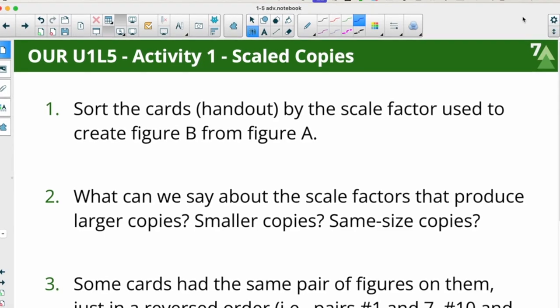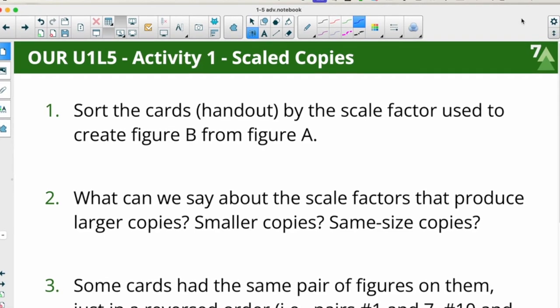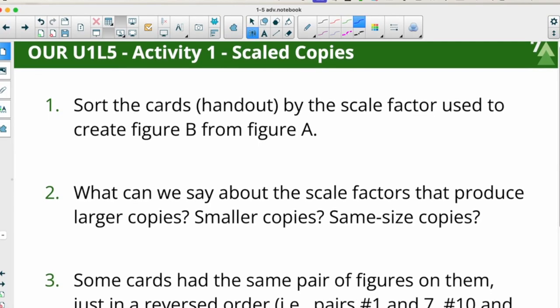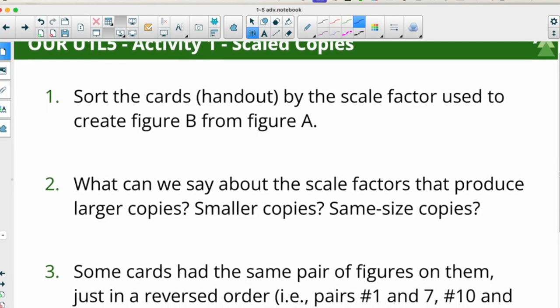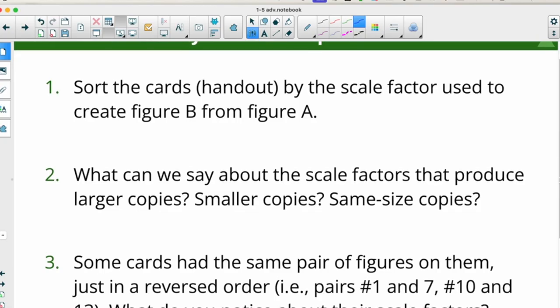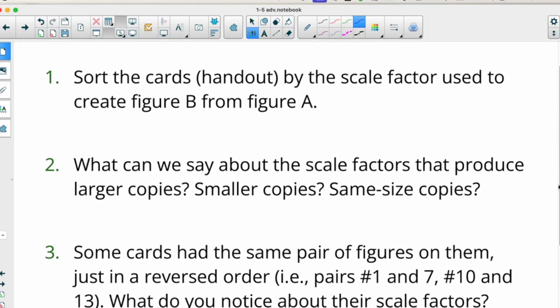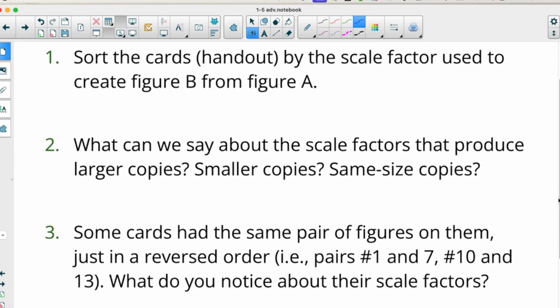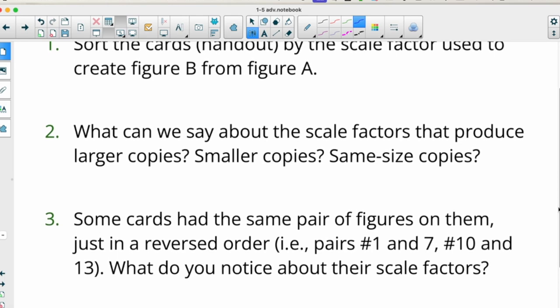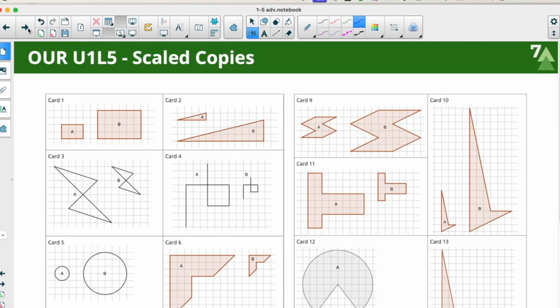Then we did a little card sort. You were to sort the cards by the scale factor used to create figure B from figure A. And what can we say about the scale factors that produce larger copies, smaller copies, or same size copies? So let's take a look at these cards and see what we can find.